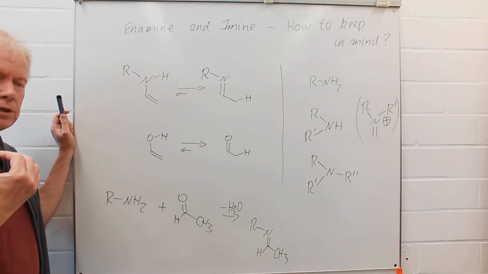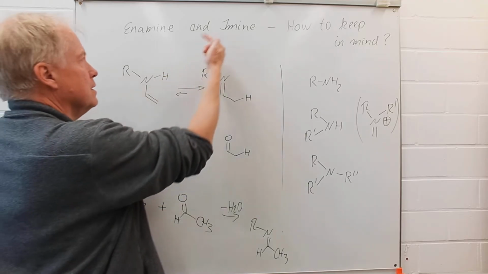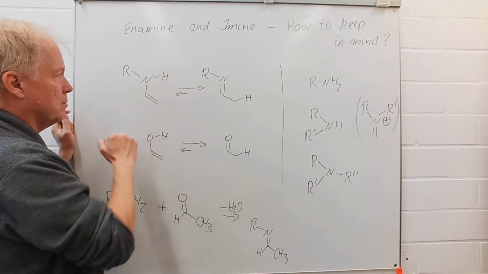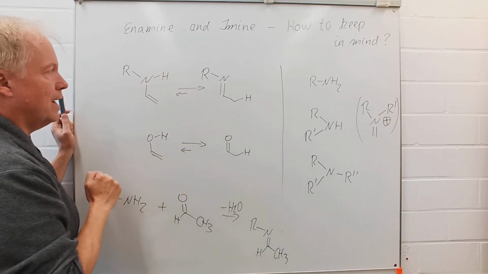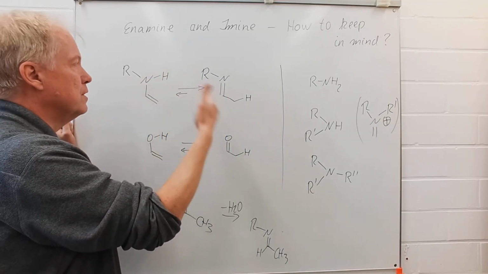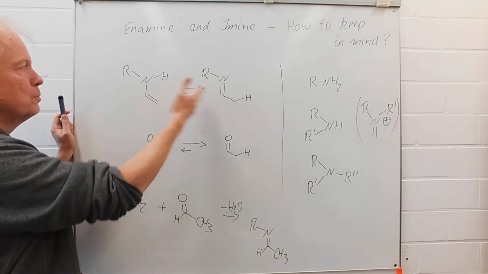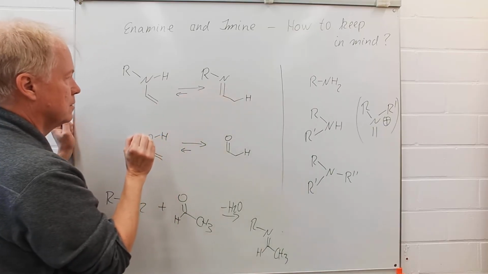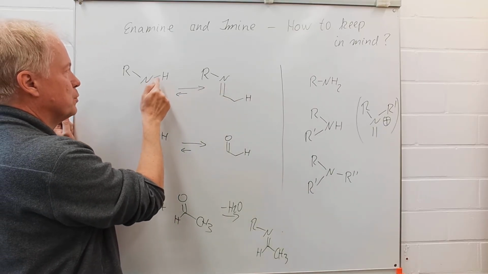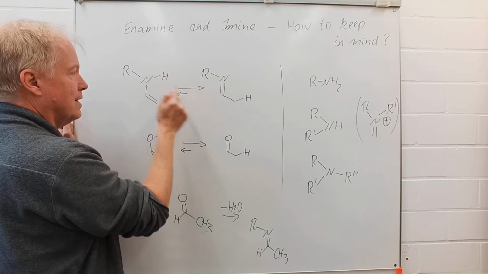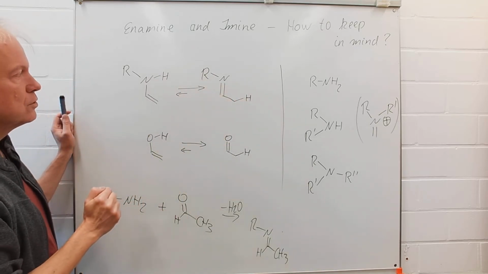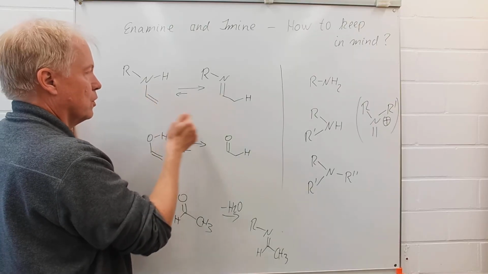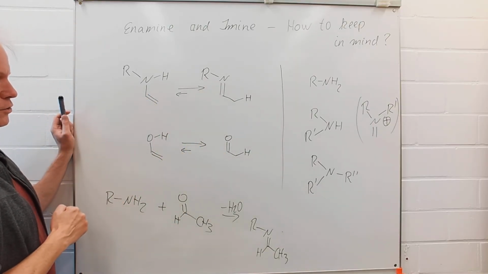And now we should keep in mind an imine is a tautomer of an enamine. Here we have an equilibrium, a tautomer equilibrium between enamine and imine. The position of that hydrogen has changed, and therefore also the position of the double bond has changed.